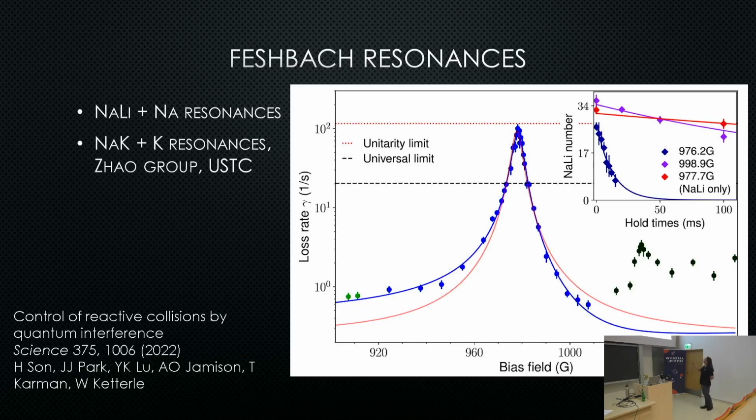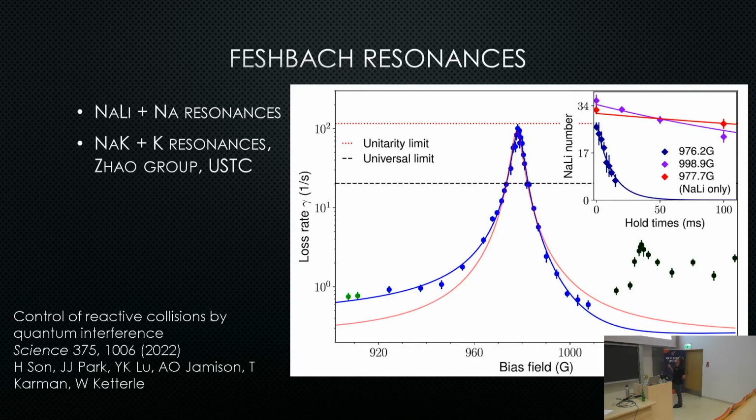We also have sort of a second little Feshbach resonance hanging out to the side here. Broad, not because it's a strong resonance, but because the underlying bound state has a very short lifetime. Okay. So we see these two very different kinds of Feshbach resonances in relatively close proximity to each other.